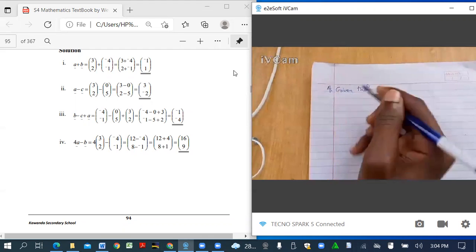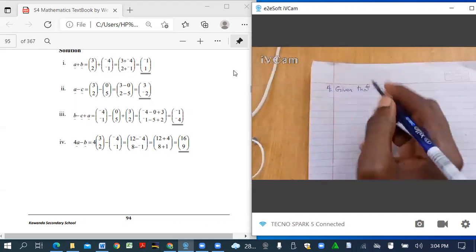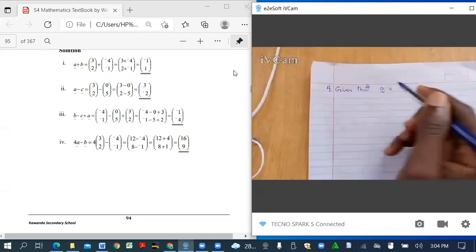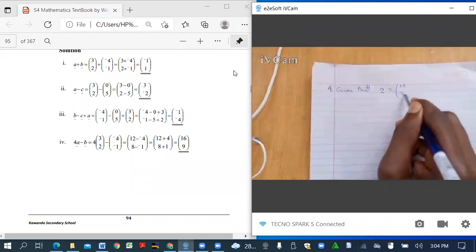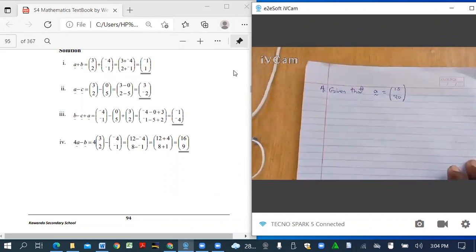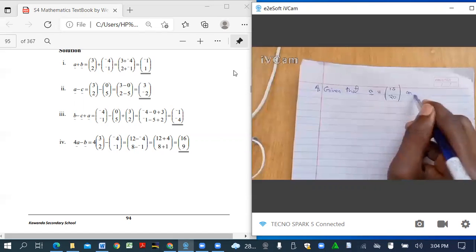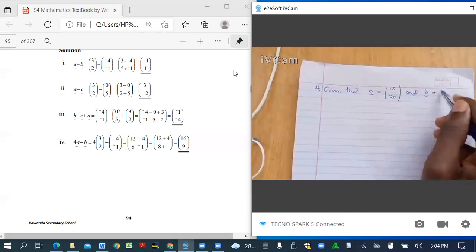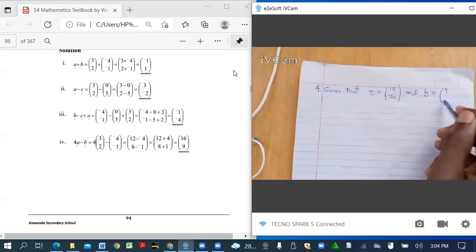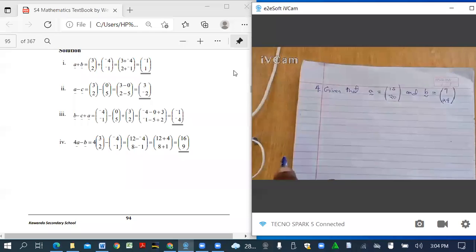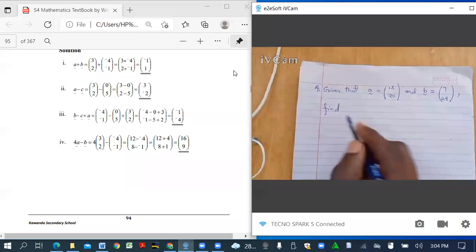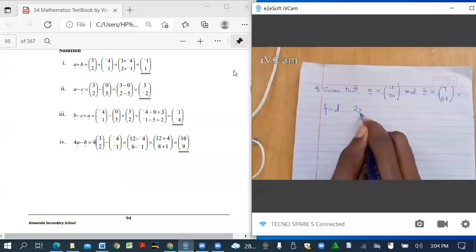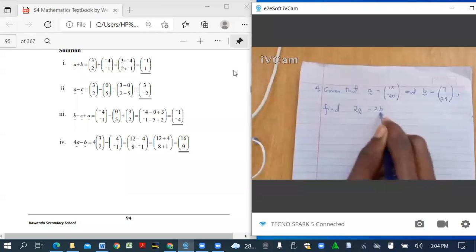Given that vector A is equals to 15 and negative 20, and B is equals to 7, 24, find 2A minus 3B.